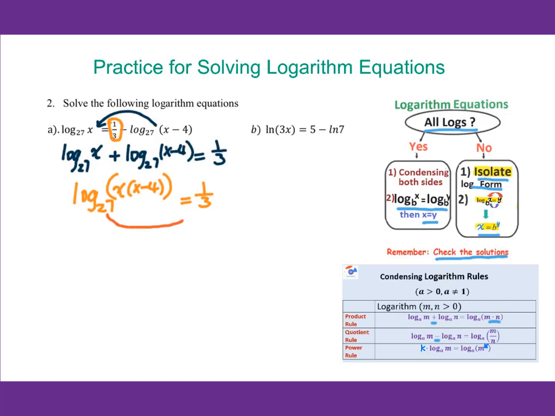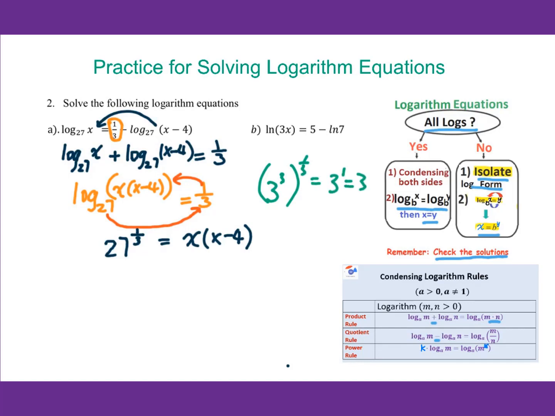Then you change this into exponential form. You got 27 to the 1/3 power equals x times (x minus 4). 27 means 3 to the third power, so the 1/3 power gives 3 to the first power, equals 3.